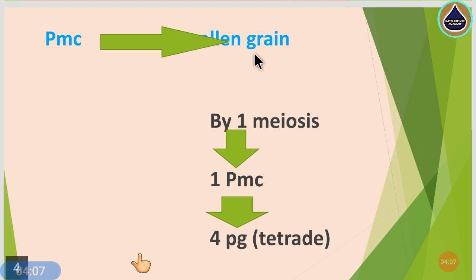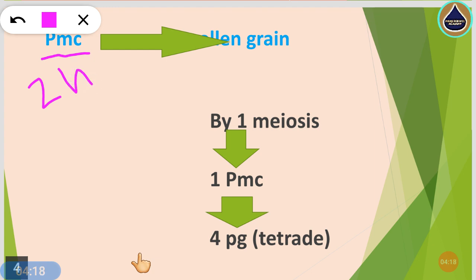This pollen mother cell, PMC, which is 2n and has the double number of chromosomes, goes for the meiotic type of cell division, and by meiosis this pollen mother cell converts into pollen grains.